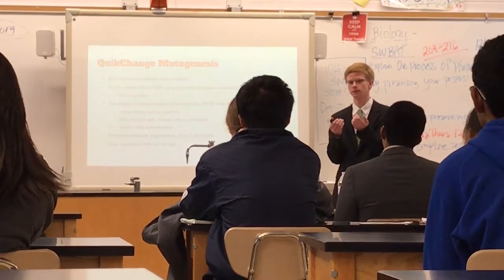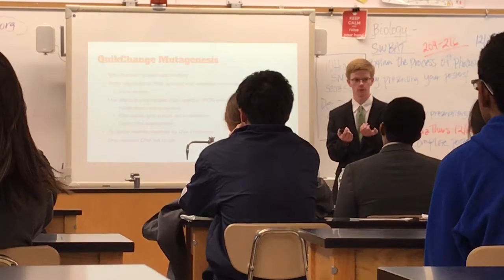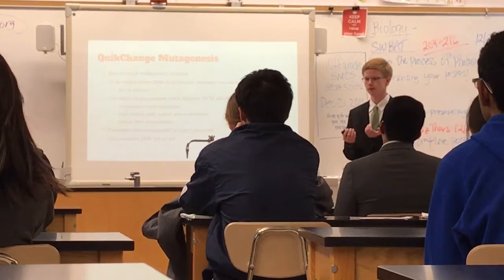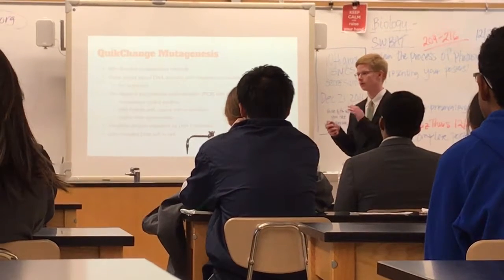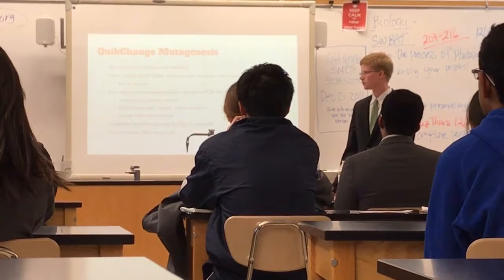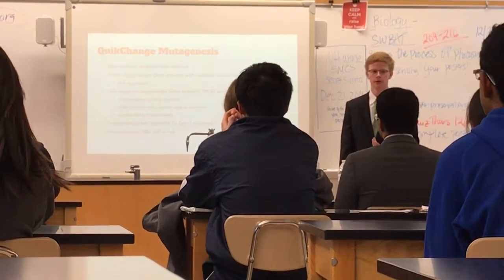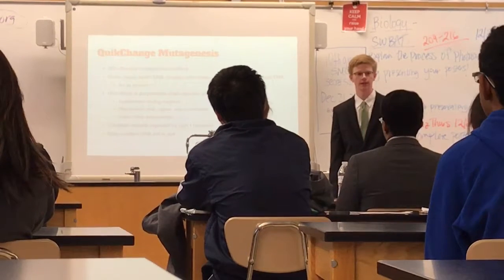So they stick on your template strand of DNA because the sequences match up with where you want it to go, and it just has an affinity for it because the sequences match. But the stuff in the middle is not going to be the same, so I'll go into more detail later on how that works. So then you use these oligos in a PCR reaction, polymerase chain reaction. This is a common process used in pretty much any lab that studies DNA.